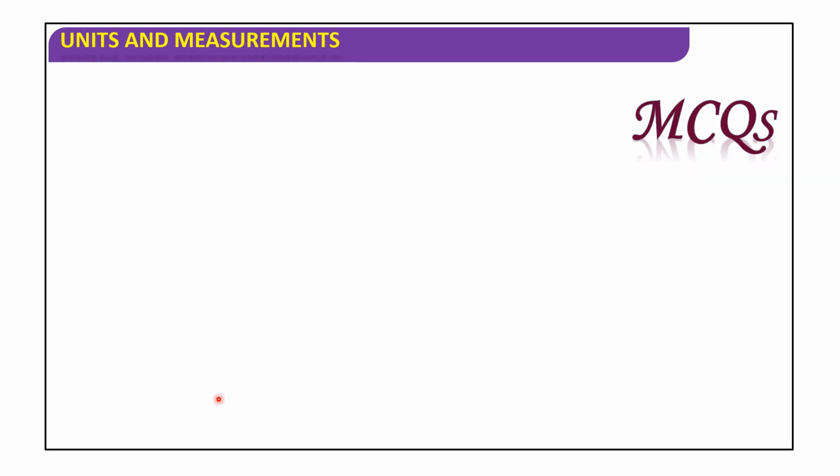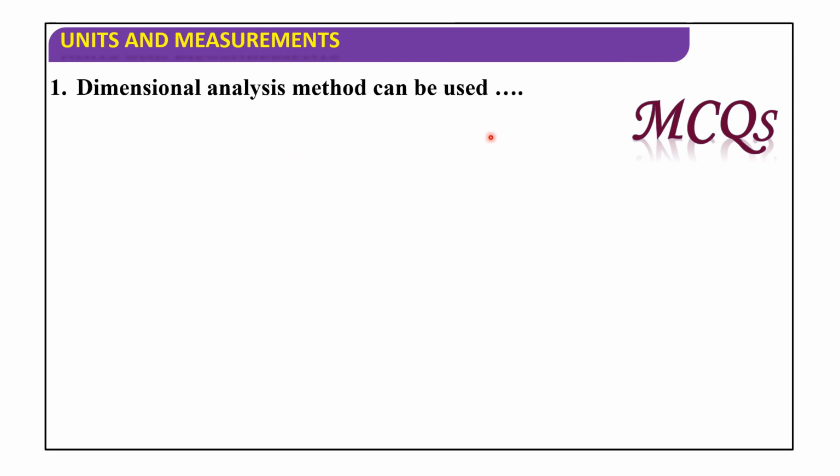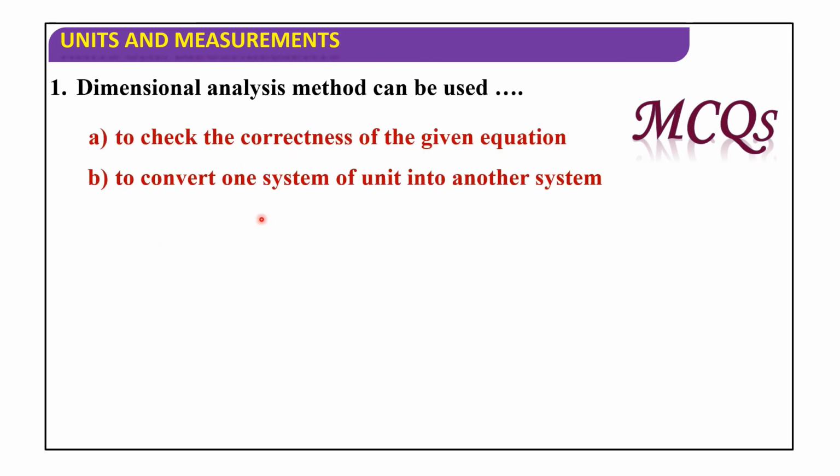Now let's discuss MCQs. The dimensional analysis method can be used to check the correctness of a given equation, to convert one system of units into another system, to derive equations, or all of the above. So the dimensional analysis method can be used for all of the above: to check the correctness of the given equation, to convert one system of unit into another, and to derive equations.